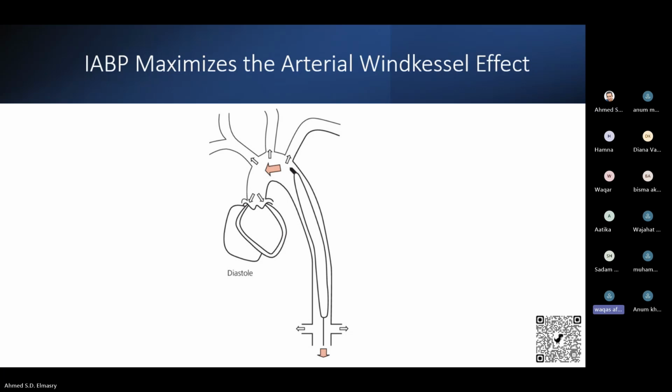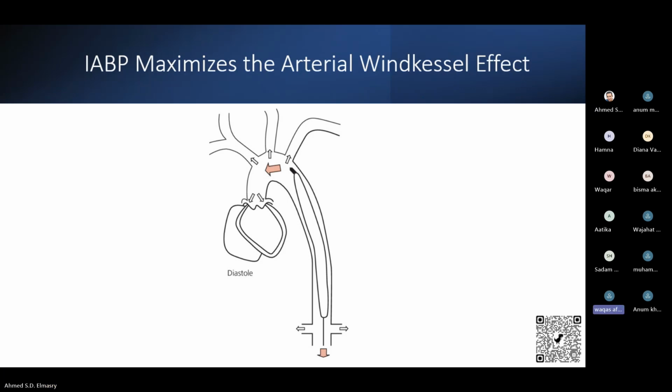So basically, when the balloon inflates, it helps to increase the Windkessel effect, right? It simulates and maximizes the Windkessel effect, because during the diastole the Windkessel effect is happening even if there is an intra-aortic balloon, right?